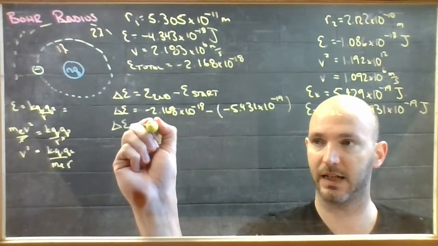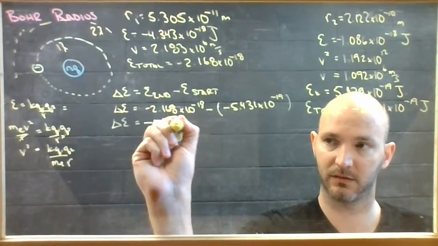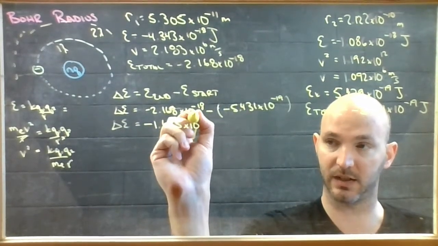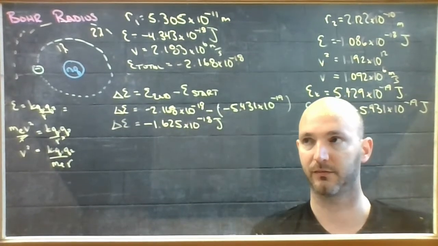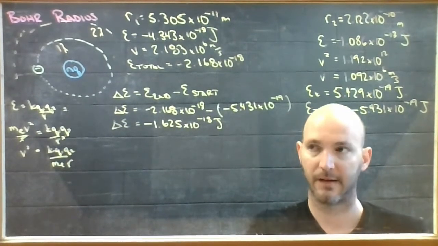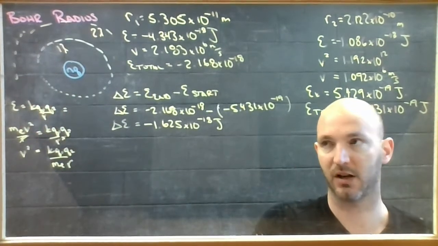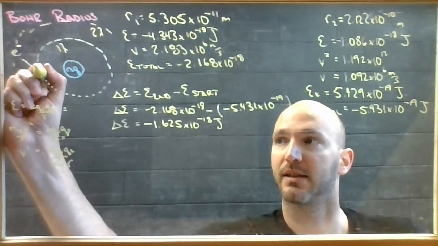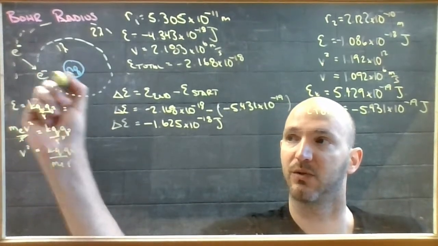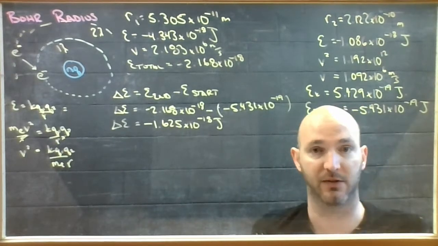And I get negative 1.625 times 10 to the negative 18 joules. Okay. So if my electron starts here and it decides to transfer to this new path, it has to shed precisely that much energy.